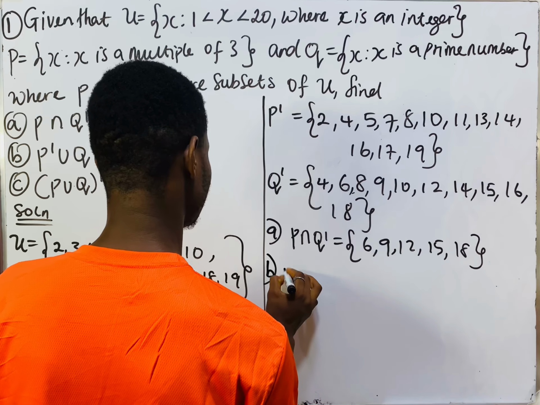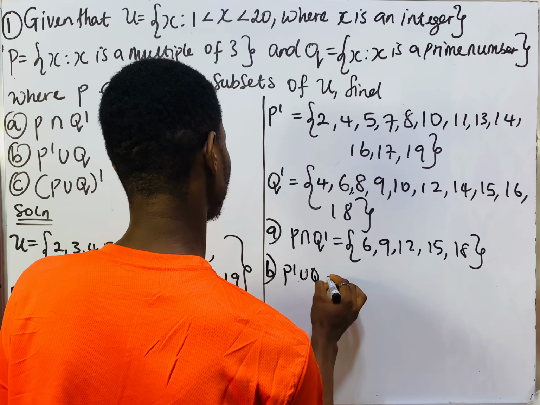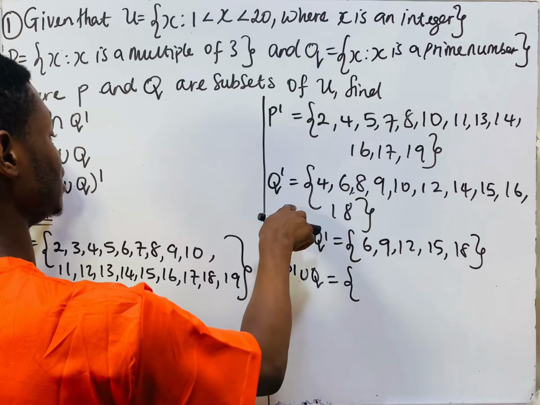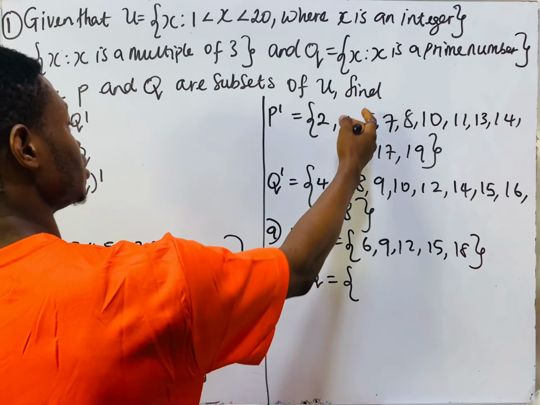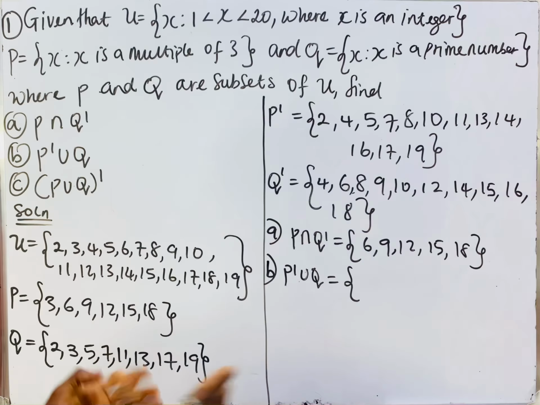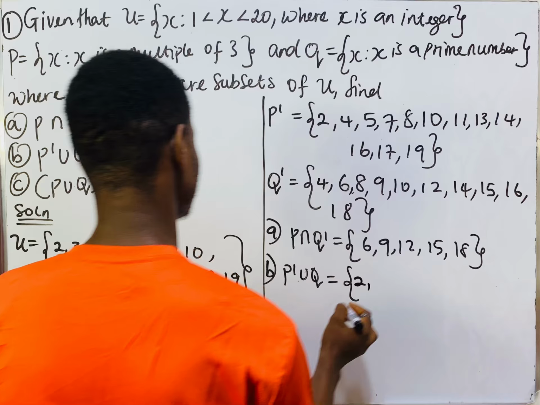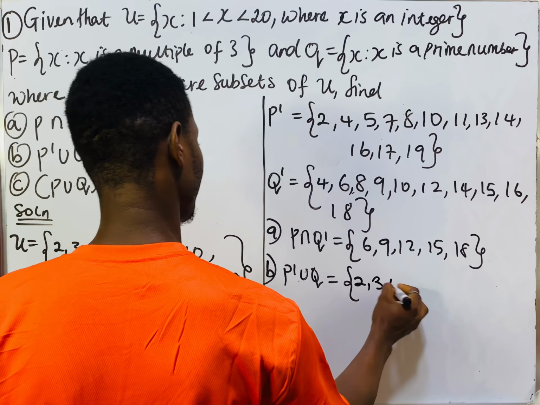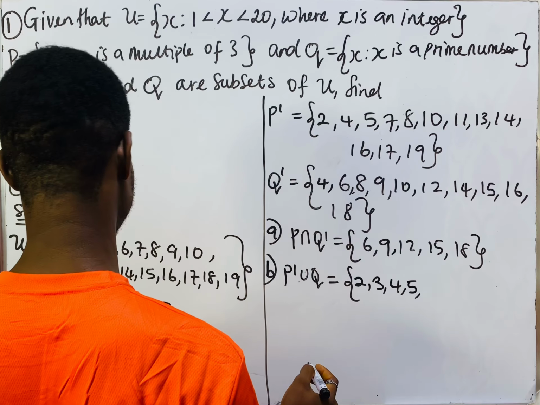Now the B aspect, P prime union Q is equal to what? So P prime, which is this, union Q. Just union of sets, just bring the two sets together without repetition. So we start with 2, 3, 4, 5. Is there any 6 here?